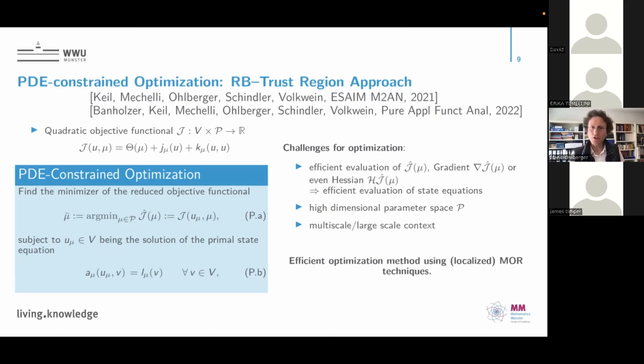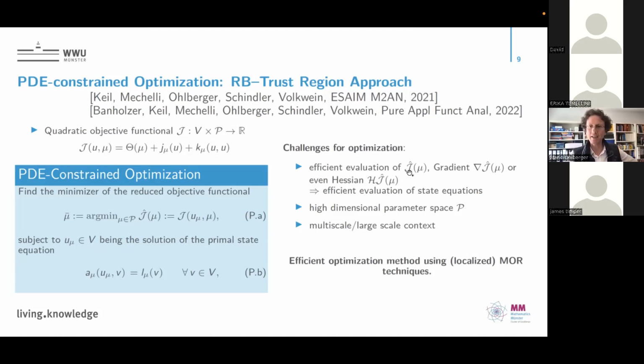So what is the challenge if you want to deal with such problems? The challenge is, of course, that you want to have a very fast solution process. And in the solution process of this minimization problem, you typically employ an outer optimization solver. This outer solver might use just the information of the state evaluations, or it might use gradient information of the objective function, or even Hessian information of the objective function, in order to have a really powerful method.